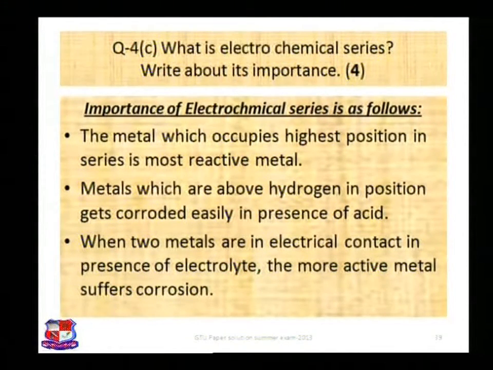Third point: when two metals are in electrical contact in the presence of an electrolyte, the more active metal suffers corrosion. That is again a very important thing to remember.